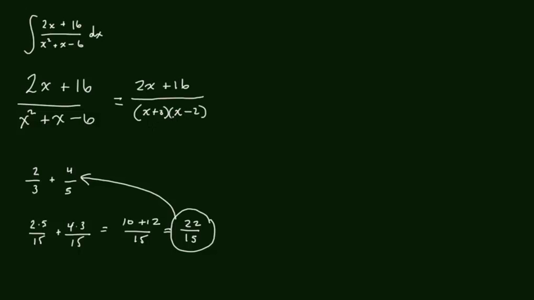These are both considered linear factors, and the question then becomes, what value would go over this linear factor, x plus 3, and what value would go over this linear factor, x minus 2, if I were to decompose it? When I find the values of a and b, I have successfully decomposed the fractions.